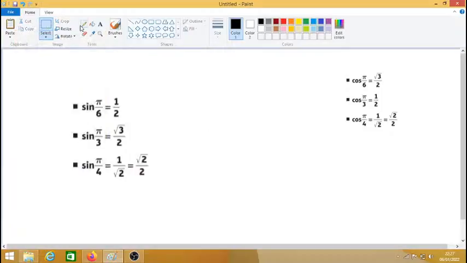So we've got sine of 30 degrees is equal to a half. We've got sine of 60 degrees is equal to root 3 over 2. And then we've got sine of 45 degrees, which would be equal to 1 over root 2.